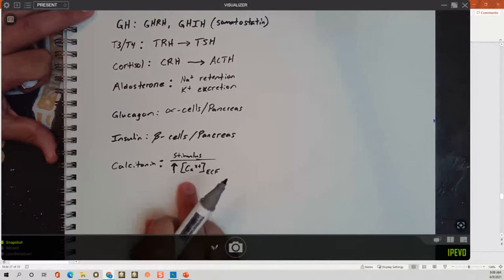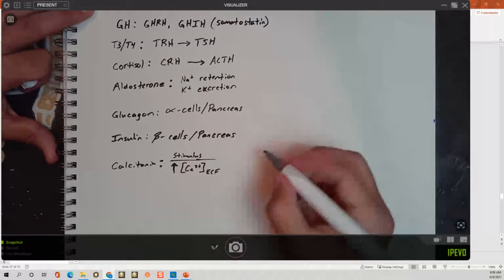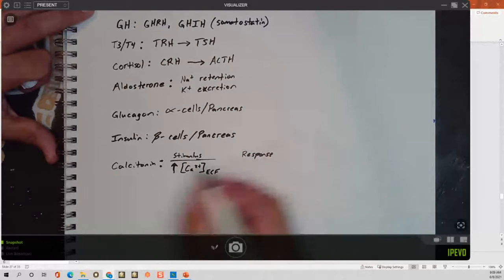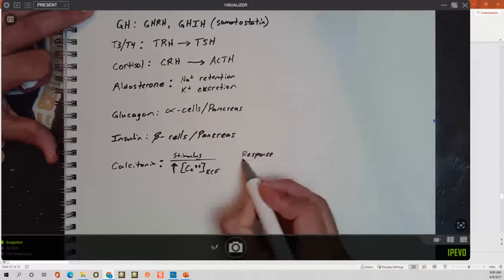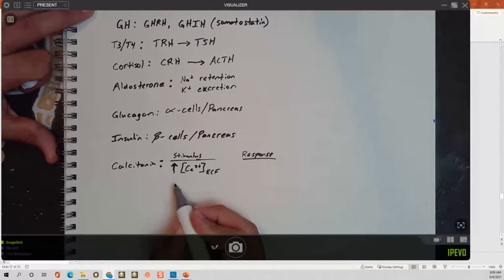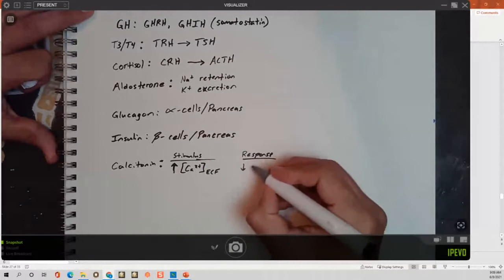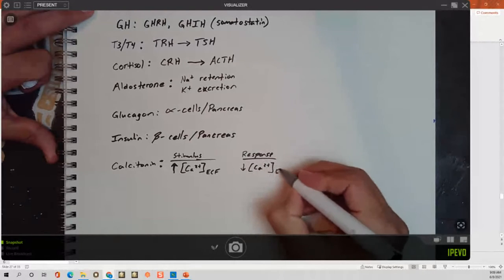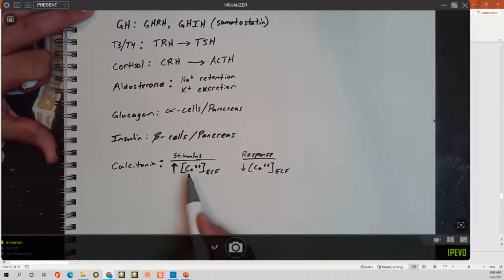So the stimulus is an increase in calcium in the ECF, and what's the response going to be? Calcitonin is going to try to decrease calcium in the blood. Does that make sense in terms of the response being compensatory for the stimulus?